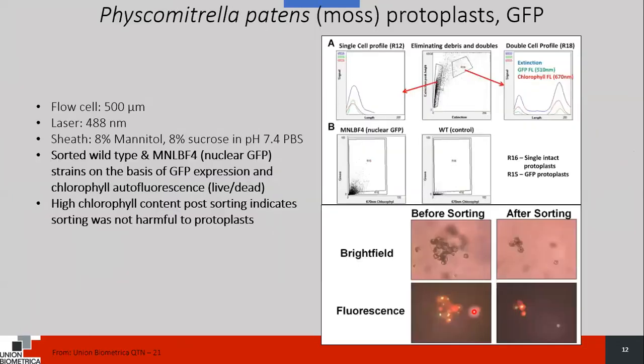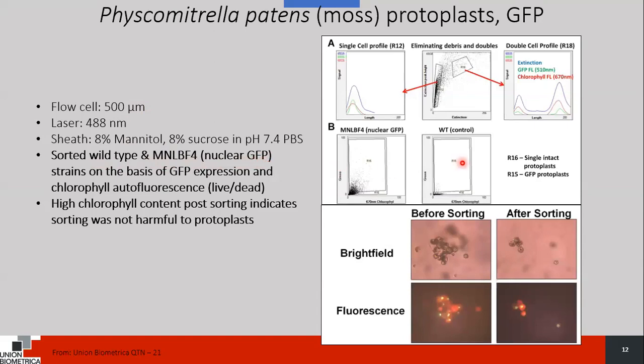Okay, my next slide is an example of moss protoplasts, and this is Physcomitrella patens, and this was run on a COPAS instrument with a 500 micron flow cell with a 488 laser, and we ran both wild type and a line that is expressing nuclear GFP.